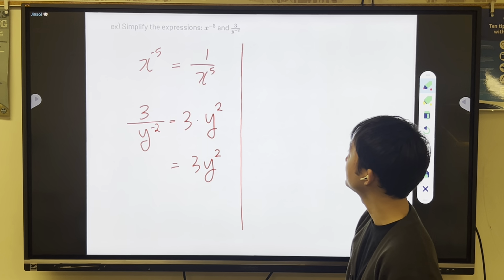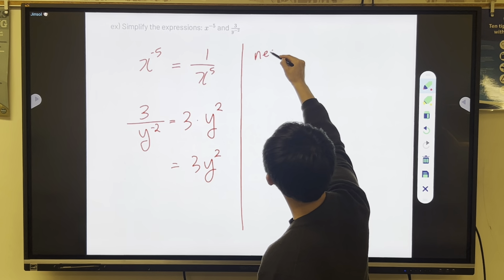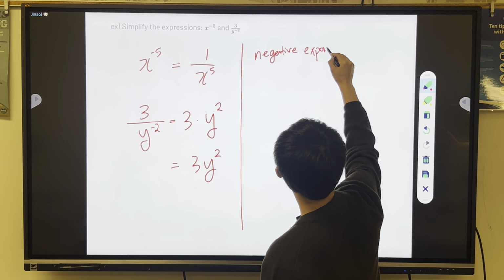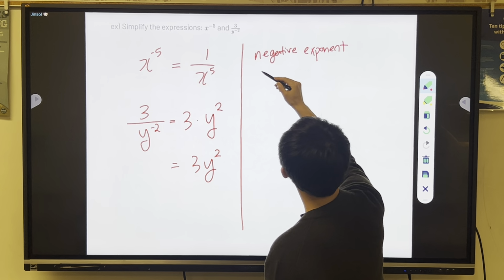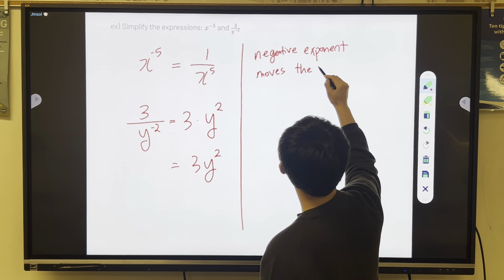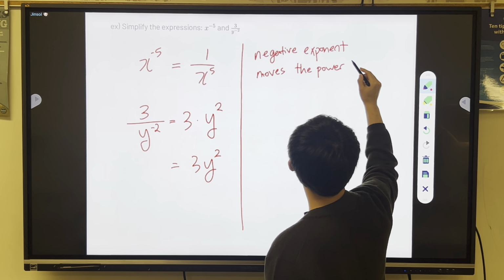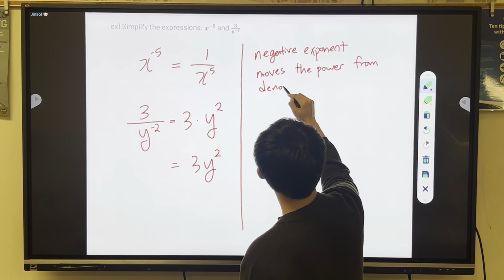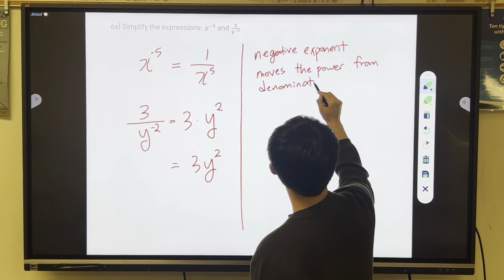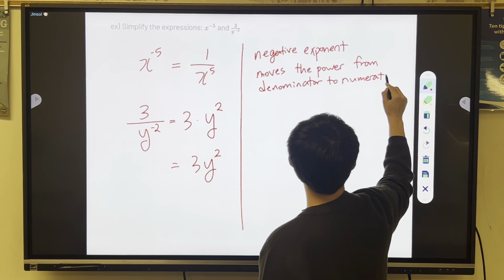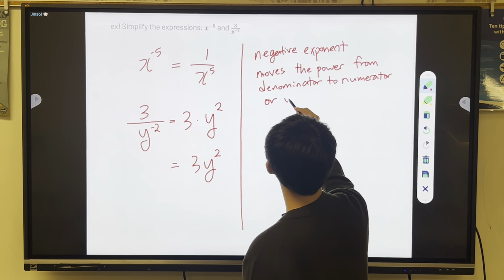Let's annotate our process. The negative exponent moves the power from the denominator to the numerator, or vice versa.